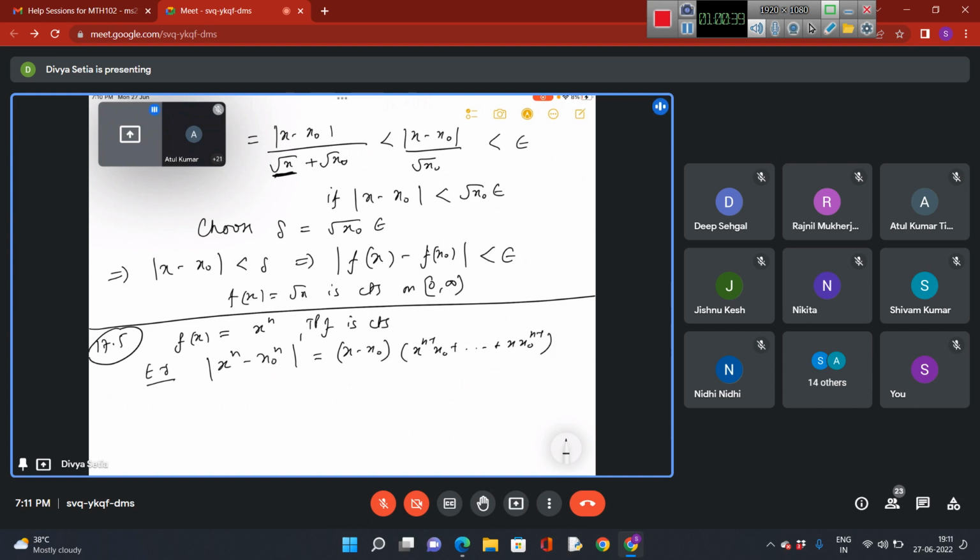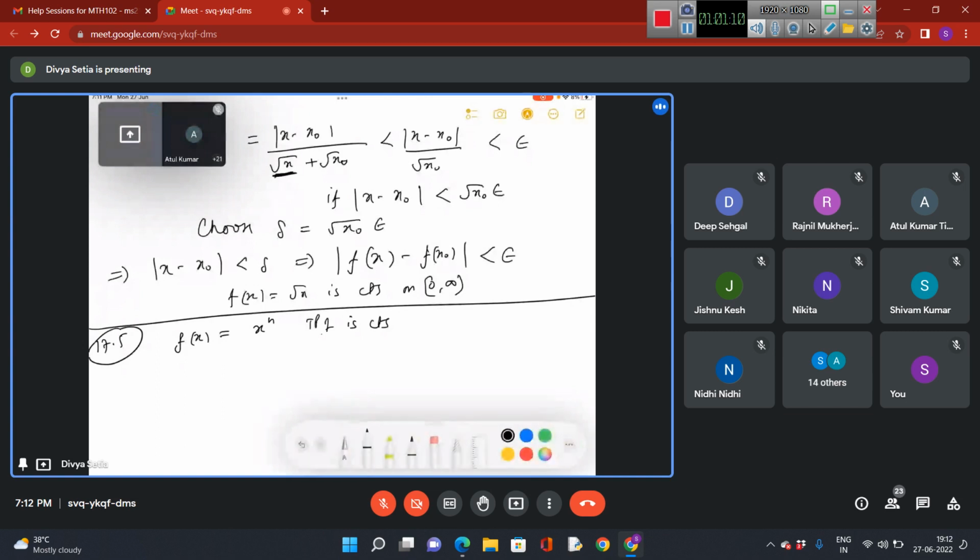If you don't know this stuff, then don't go for epsilon delta definition. Then you have to remove this term also by choosing your |x minus x naught| to be less than 1 and taking the minimum. So it's better to go for the sequential criterion, because here we'll have a lot of complexity. So let's go for the sequential criterion.